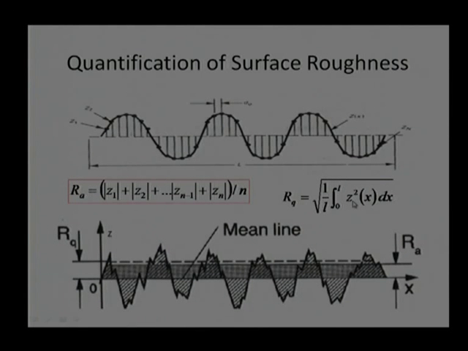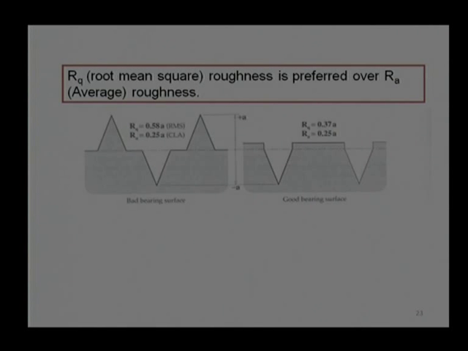So, if Z is lower, say 1 unit, it is going to get only 1 unit, but if Z is 2 units, the result is going to be 4 units. So, more penalty is paid. If Z is 3 units, Z square will turn out to be 9 units. So, much higher penalty on that. That is the reason why the RQ value is preferred over the RA value. It gives a much more meaningful result from a tribological application point of view.